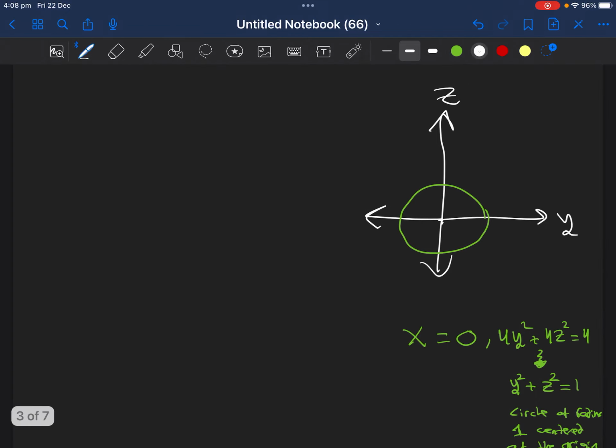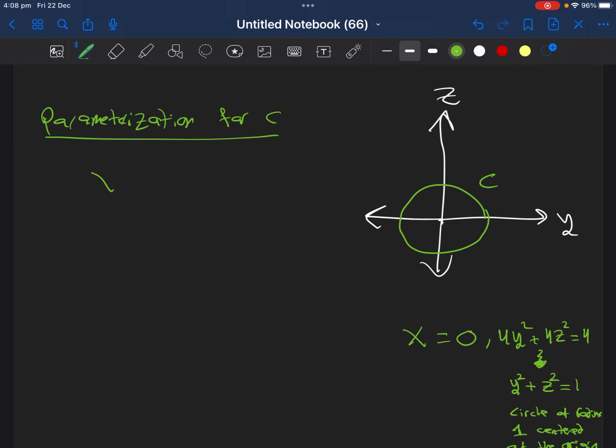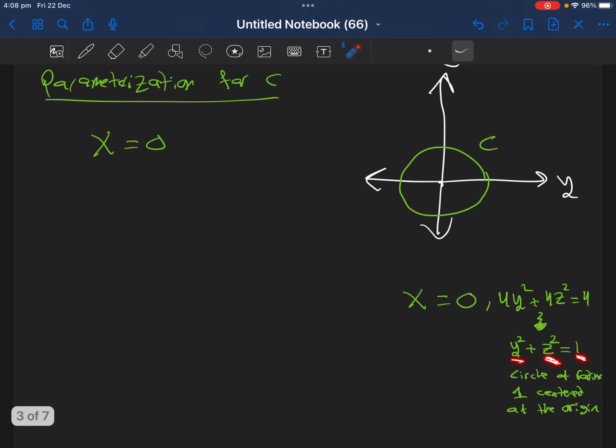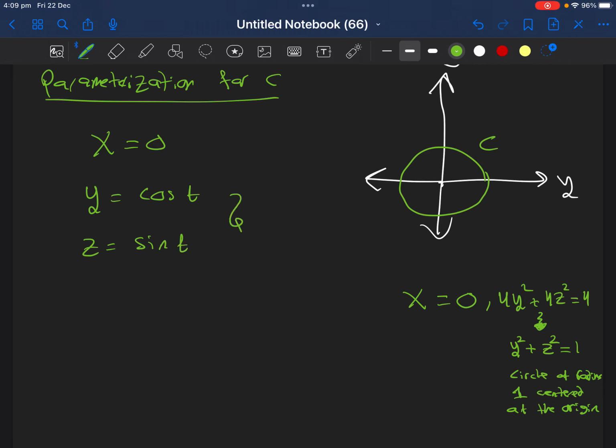So this is C, and if we want the parameterization of C, it will be given by, first of all, x equals 0. Now, if we have y squared plus z squared equals 1, the easy parameterization to use in this context is y equals cosine t and z equals sine t, where t is between 0 and 2 pi.